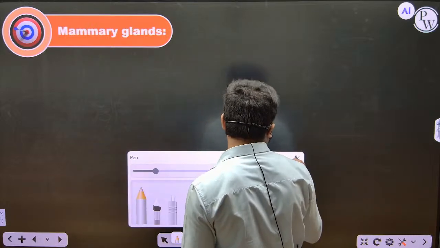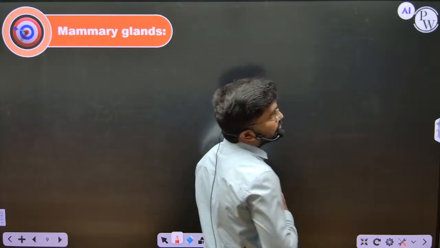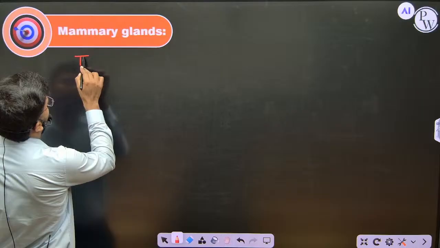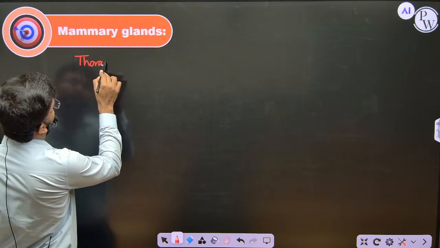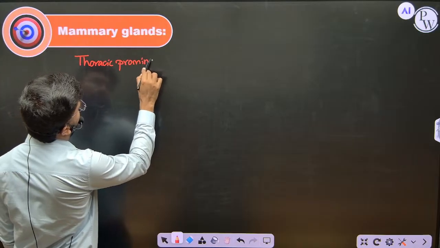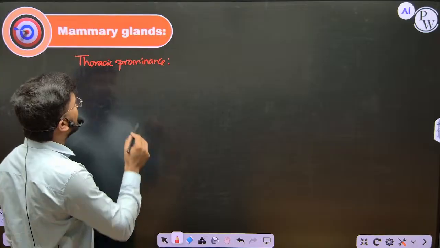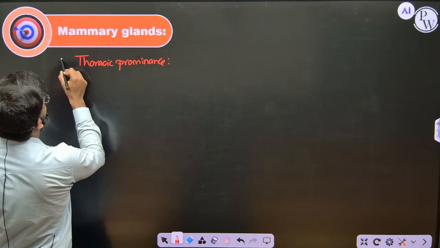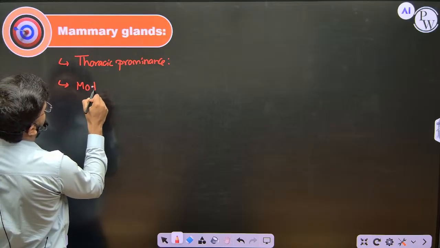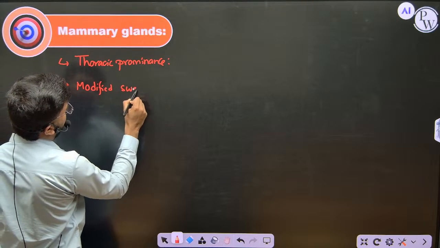Imagine this is a muscle. The location of the mammary gland is the thoracic prominence, meaning the thoracic region. These mammary glands are what? Modified sweat glands.